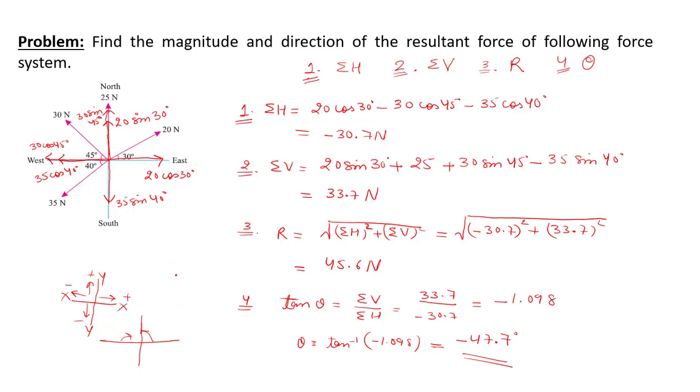Now let's see where this resultant is present in this force system. So this is the x-axis and this is y-y. Sigma h is negative and sigma v is positive, which means the resultant will lie in the second quadrant, and the angle will be this 47.7 degree.